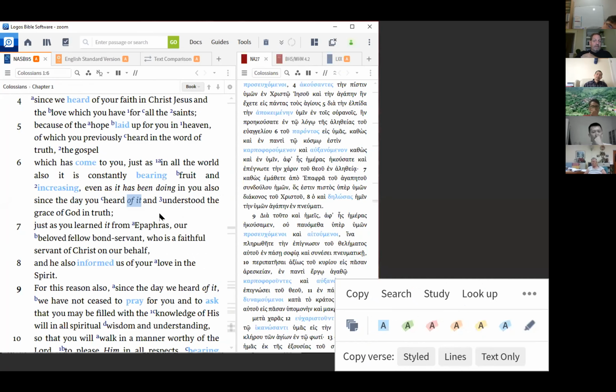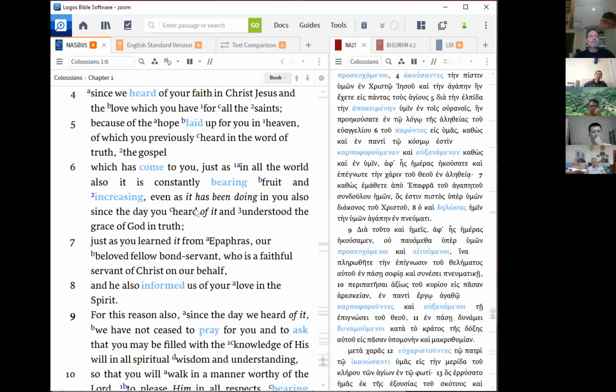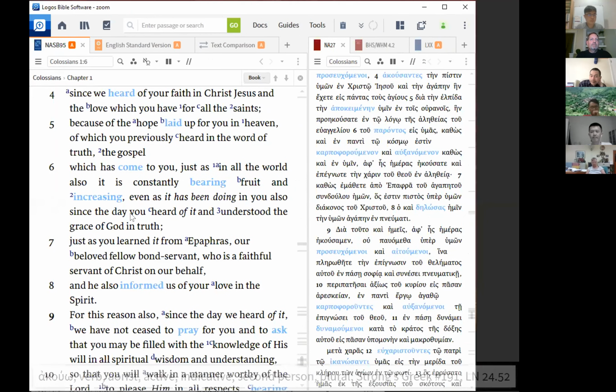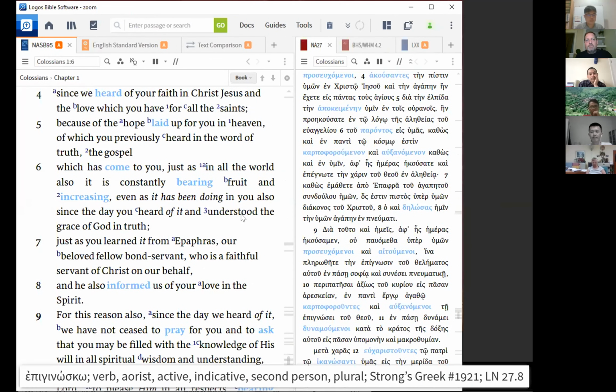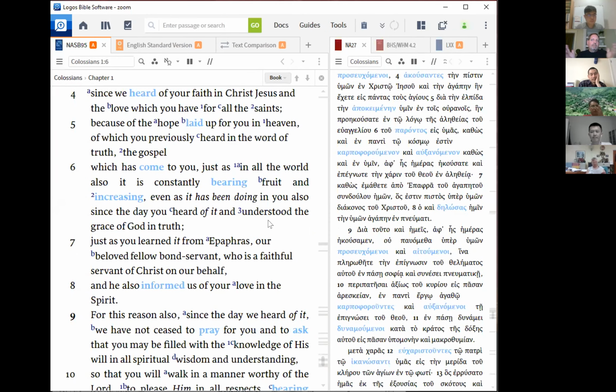All right, I'll put them in the diagram, but then I recognize these are just added by the translators to try to help it be clearer. But often you can see you don't need it. Since the day you heard and understood. Okay, that makes sense. So, but they added "of it" just to make it clear.